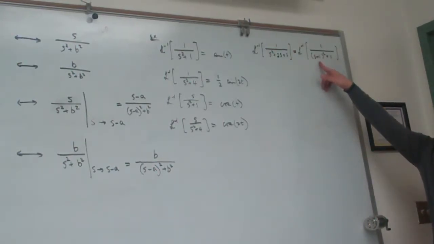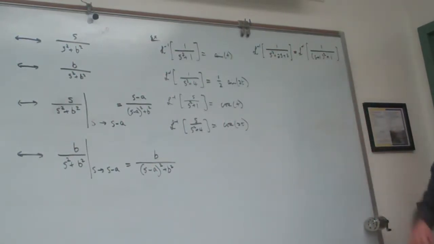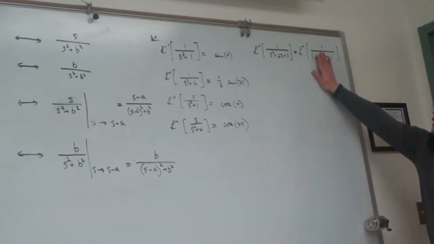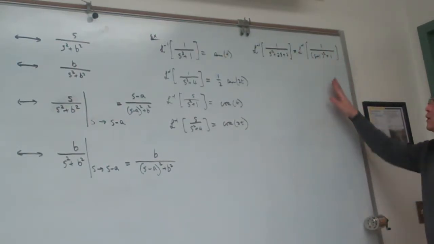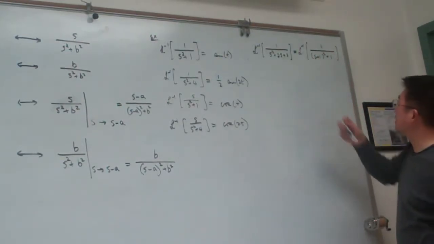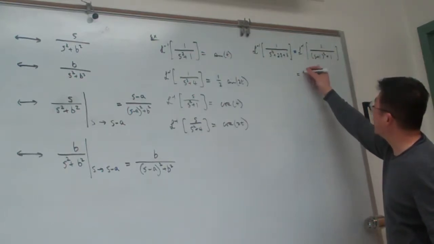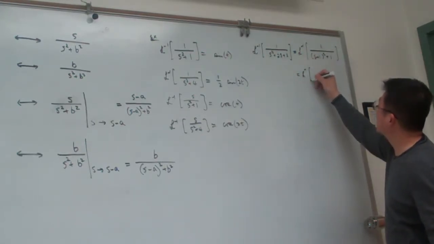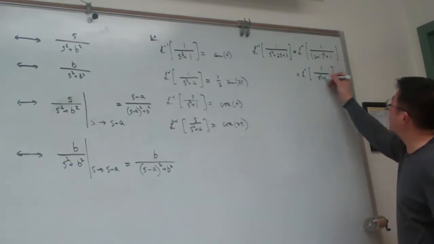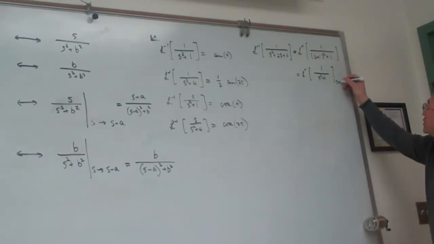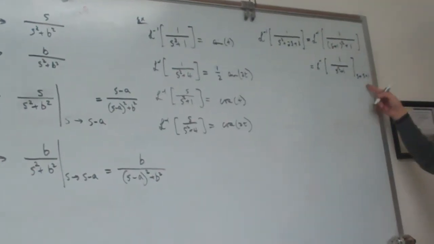If you replace s plus 1 by s, in this way, basically this one is equal to the inverse Laplace of 1 over s squared plus 1, with the replacement of s by s plus 1.